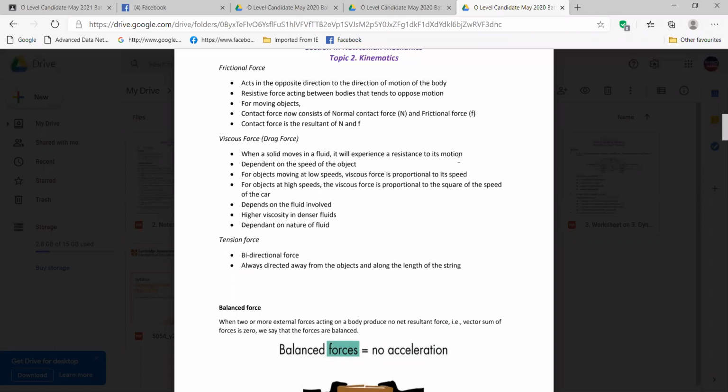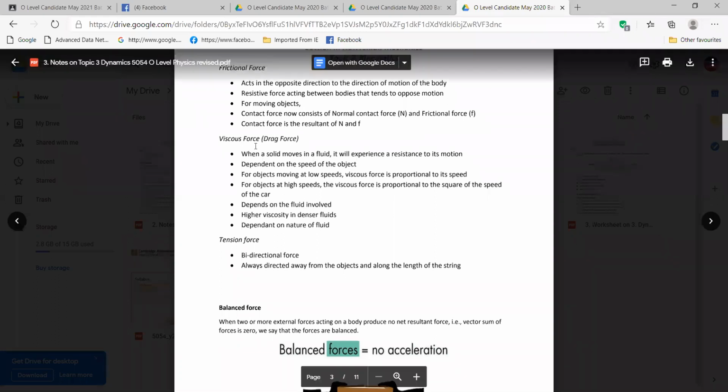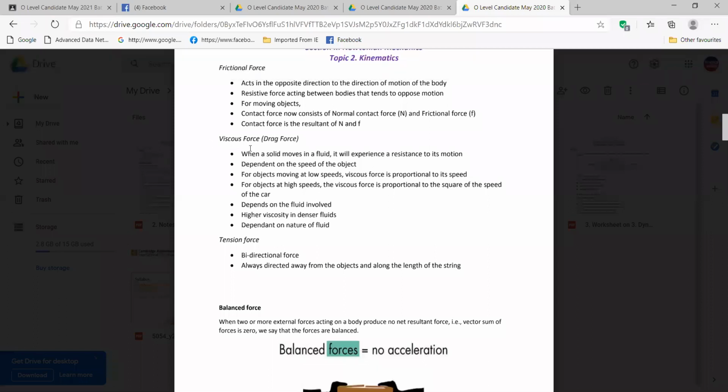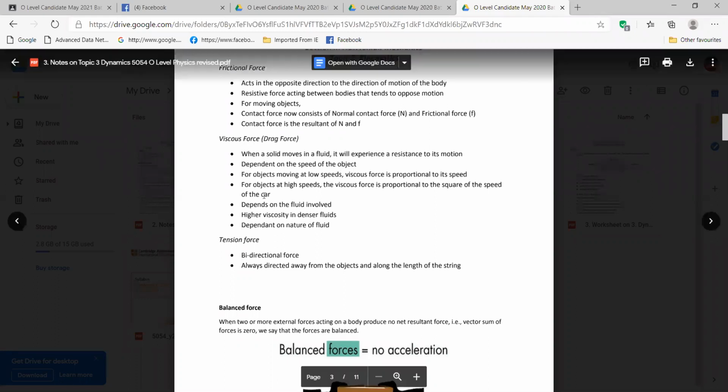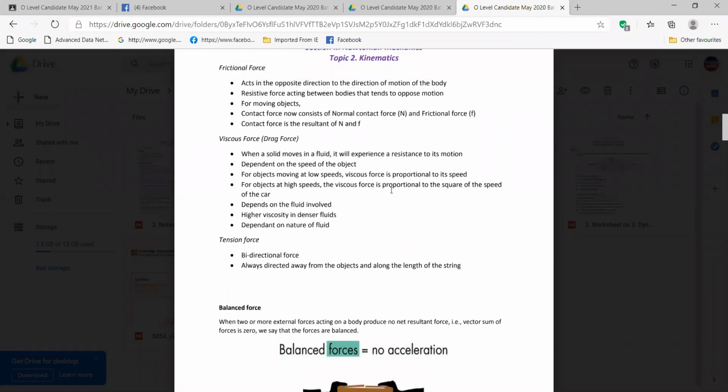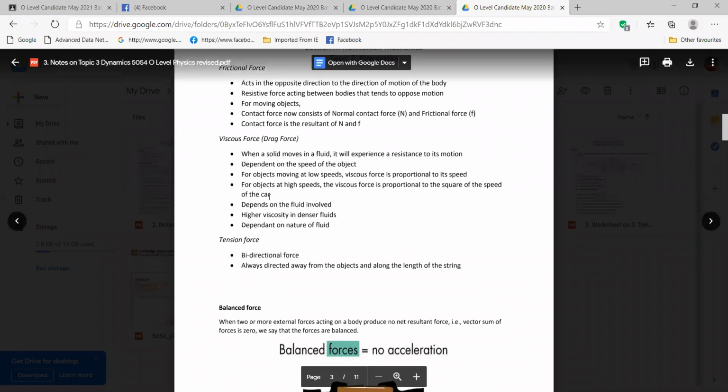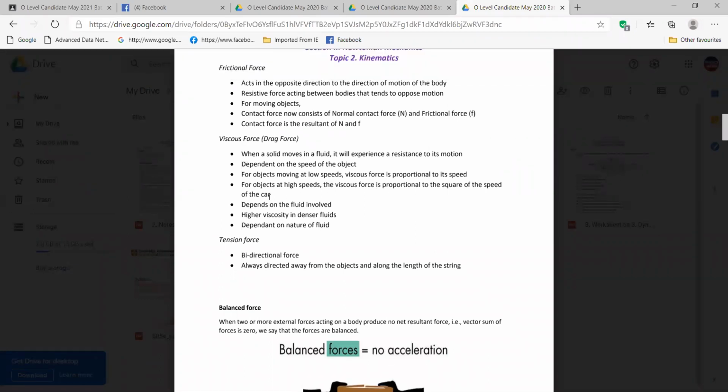Against the motion, it will face a resistance that is called drag force or viscous force, dependent on the speed of the object. If its speed is more, then the viscous force will be more. For objects moving at low speeds, viscous force is proportional to its speed. For objects at a high speed, the viscous force is proportional to the square of the speed of the car. It can be anything, not only a car.